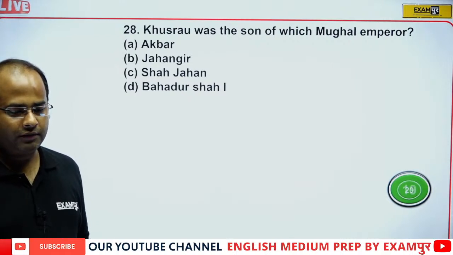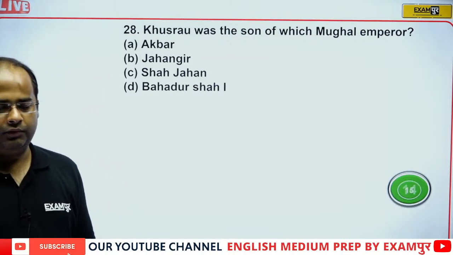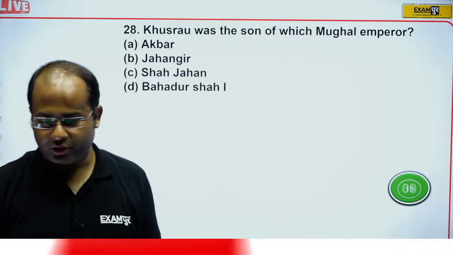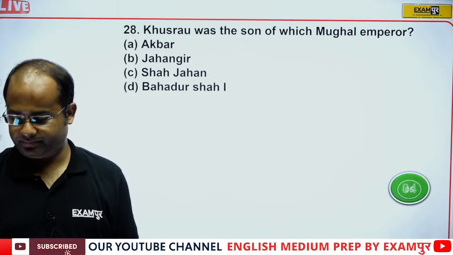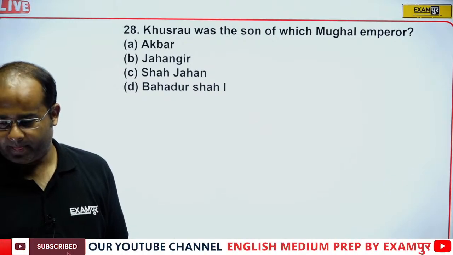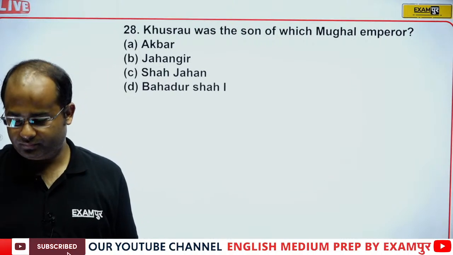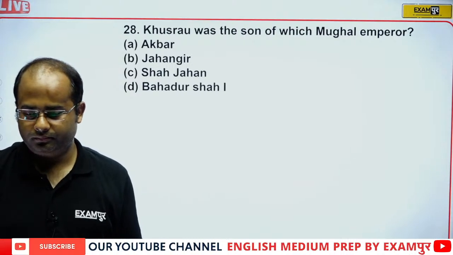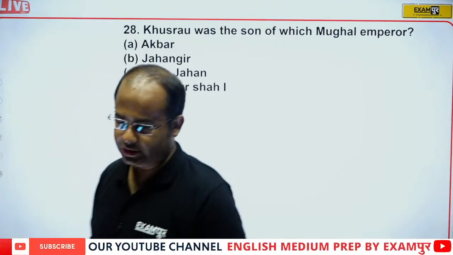Now, next question we have: Khusro was the son of which Mughal emperor? Akbar, Jahangir, Shah Jahan, or Bahadur Shah I? Guys, Khusro was not the son of Shah Jahan.